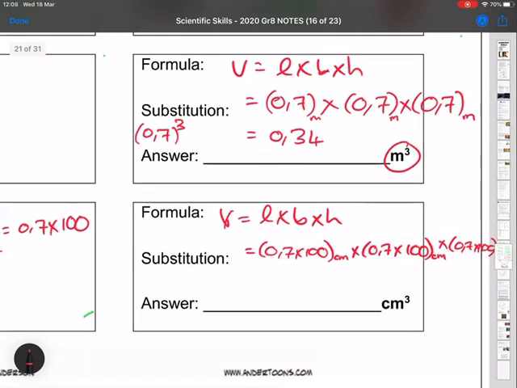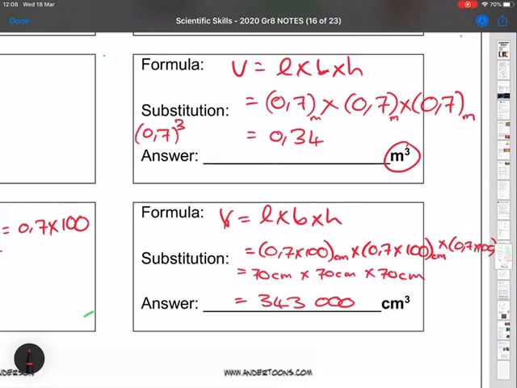Okay, and 0.7 times 100 is going to give us 70 centimeters. And 70 times 70 times 70 will give us 343,000 centimeters cubed.